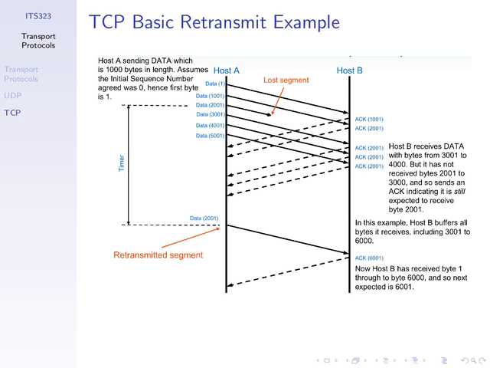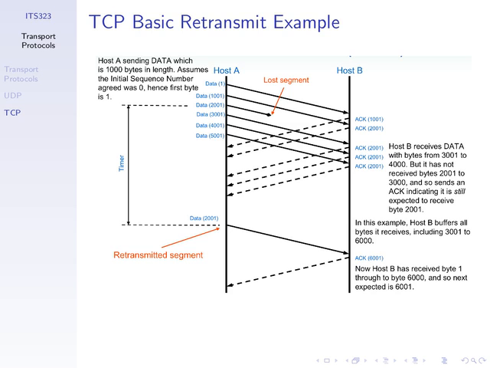After B receives the second segment, it sends back an ACK. B has now received bytes 1 up to 2000. It sends an ACK with ACK number 2001. So this is normal. Send an ACK saying what's the next byte expected. From B's perspective, the next thing that happens is it receives the segment containing data 3001 up to 4000.